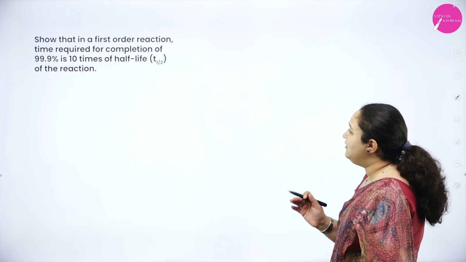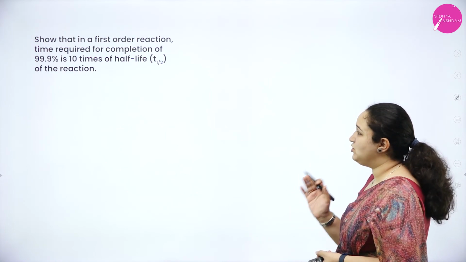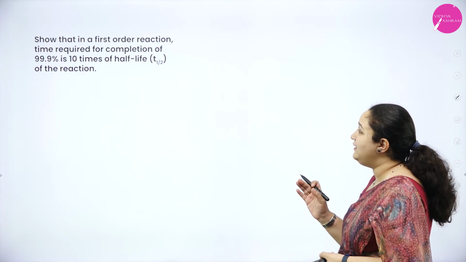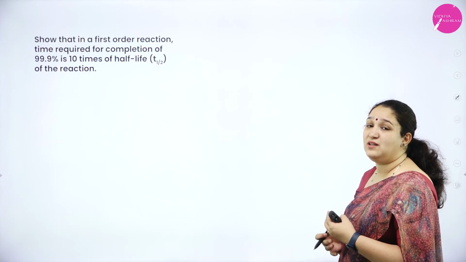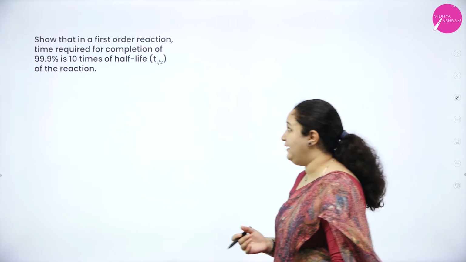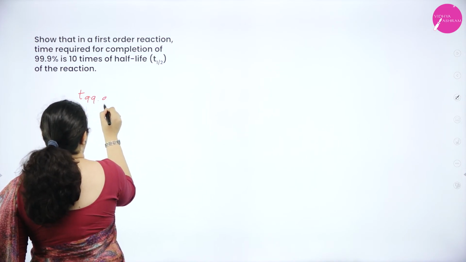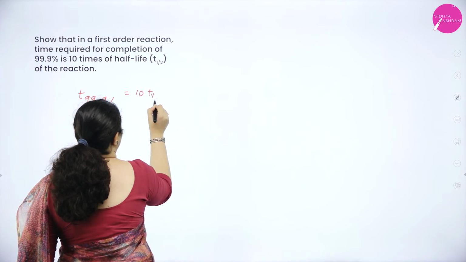Show that in a first order reaction, time required for completion of 99.9% is 10 times the half-life of the reaction. So here they are asking us to prove that T 99.9% is 10 times T half.